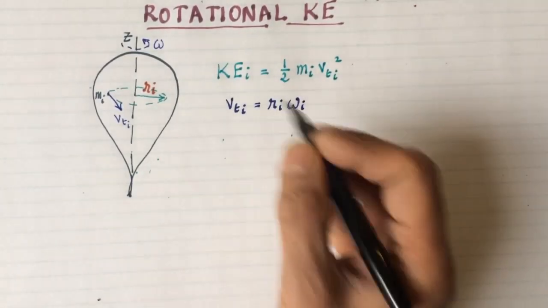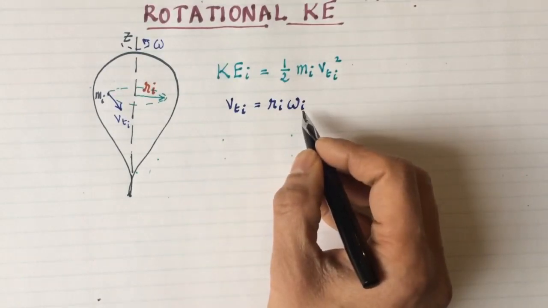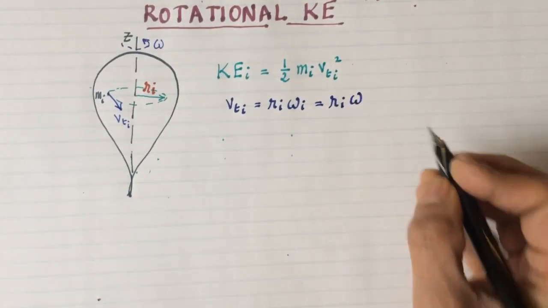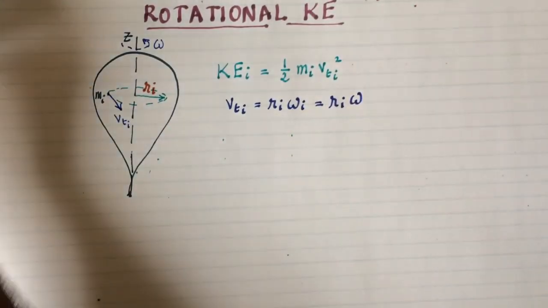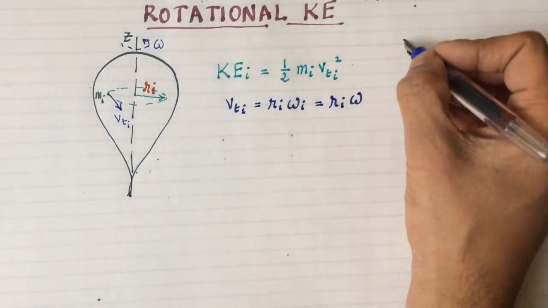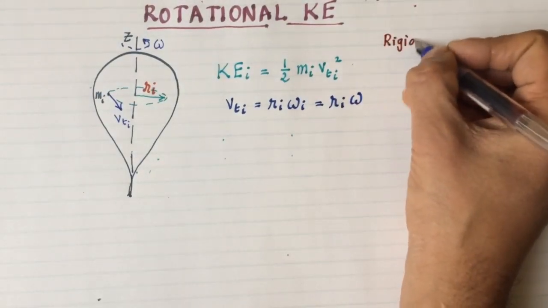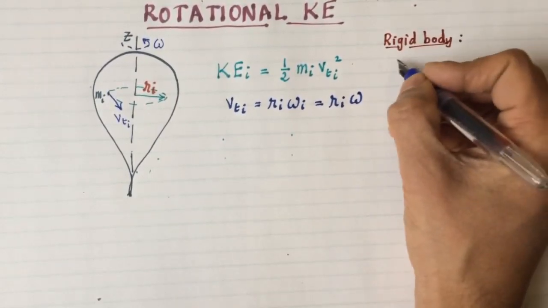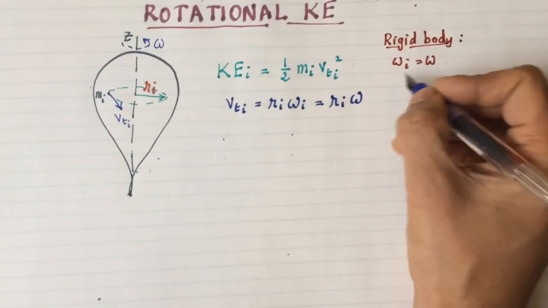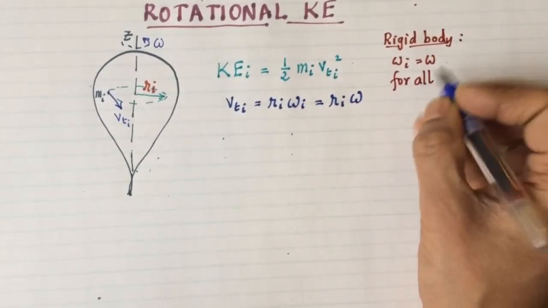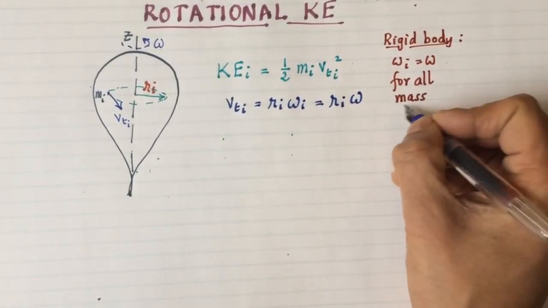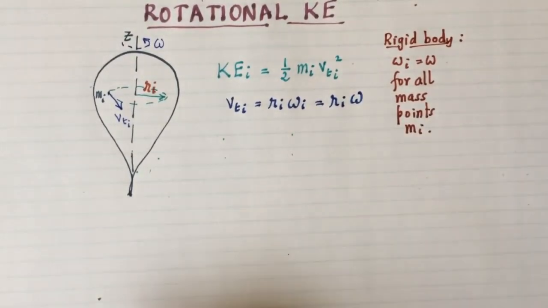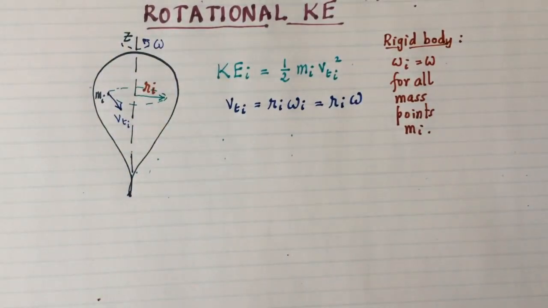Well, it's omega_i, but since omega_i is the same for all mass points, I'm just going to call it r_i omega. So that in fact is the definition of a rigid body. A rigid body is defined simply as the following: omega_i equals omega for all mass points m_i. That is what makes a rigid body rigid.